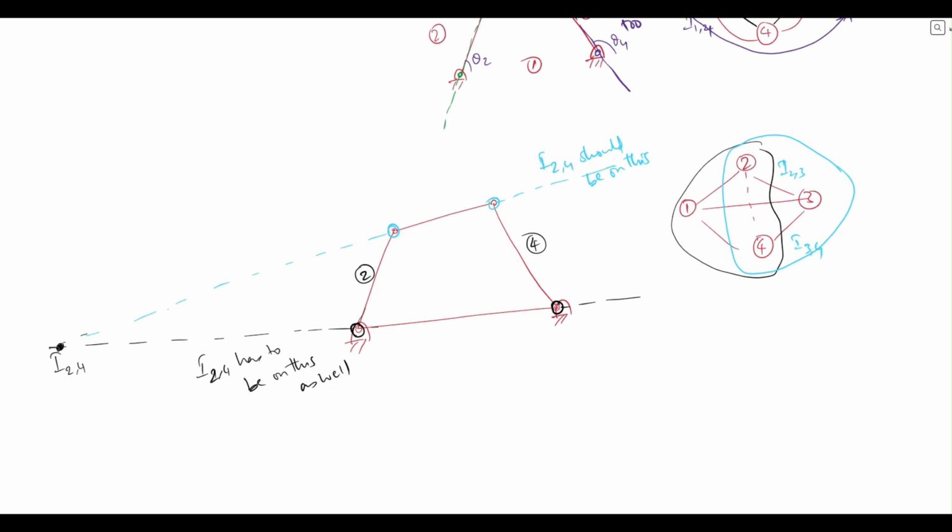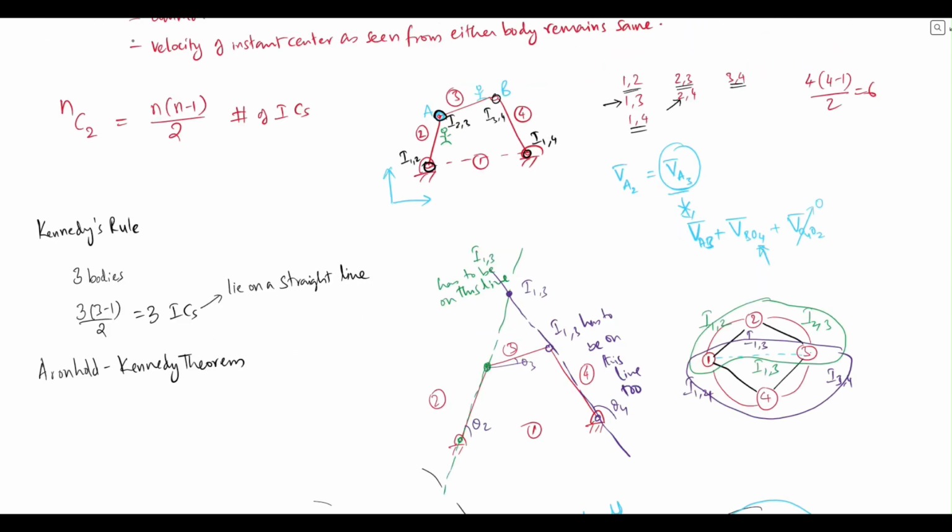We can say from here this link is having a certain rotation, and this link is also having a certain rotation. So these both are rotating about this point specifically. And similarly, in the previous case, they are both rotating with this point as the center, this as the center.